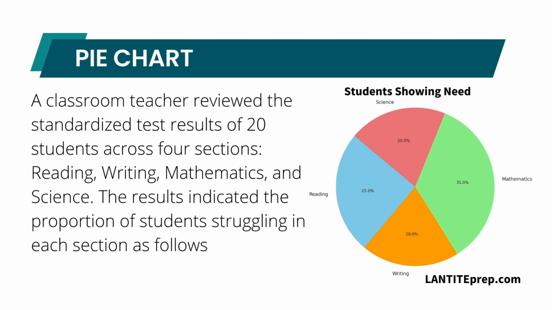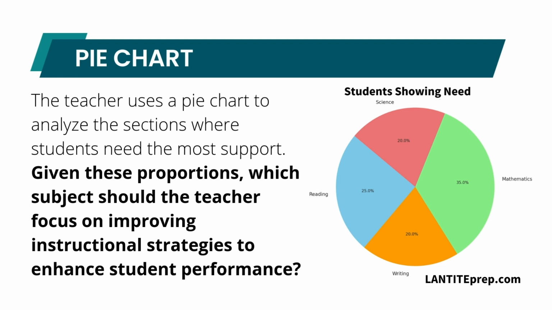The results indicated the proportion of students struggling in each section as follows. The teacher uses a pie chart to analyze the sections where students need the most support. Given these proportions, which subjects should the teacher focus on improving instructional strategies to enhance student performance? Mathematics, showing 35% of students showing further need in this subject.